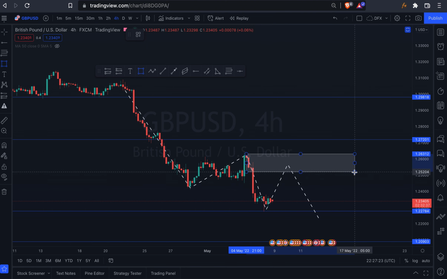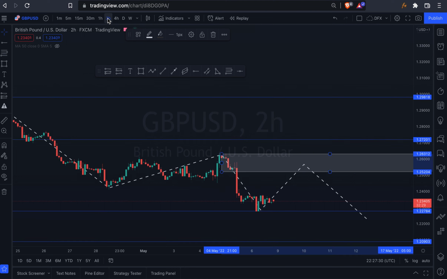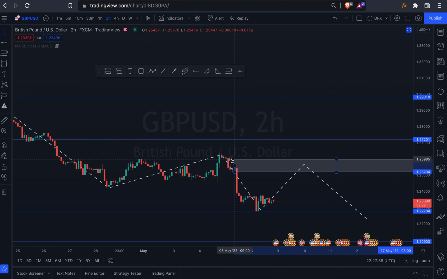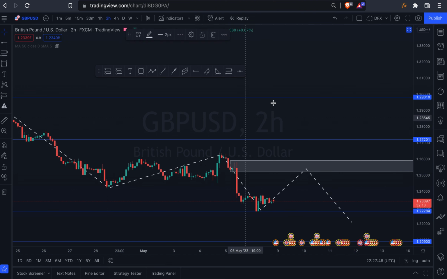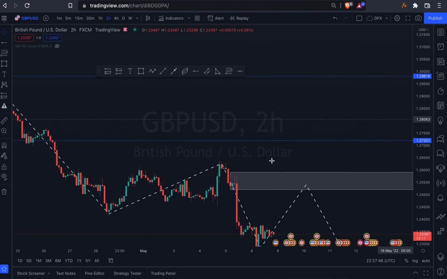We'll refine it very soon as our POI, our points of interest. So let's go to our time frame. We'll break it down a little bit to this side. So you're looking for more sells when it comes to GBP/USD.